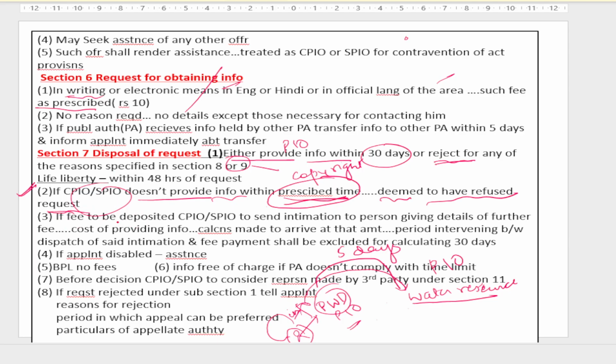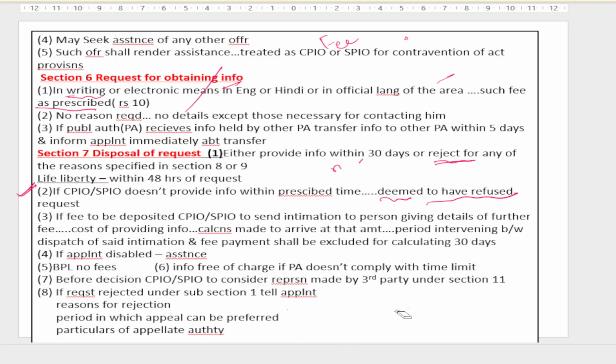Now, in some cases, fee requires to be deposited. So we'll understand this with the help of an example. Suppose the applicant has asked for information which needs to be provided. Suppose 200 pages of information is asked by the applicant, and photocopy is to be done for providing this information.